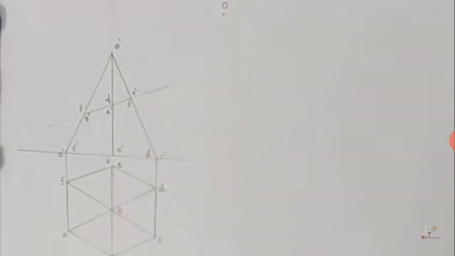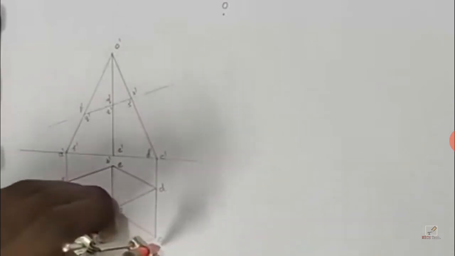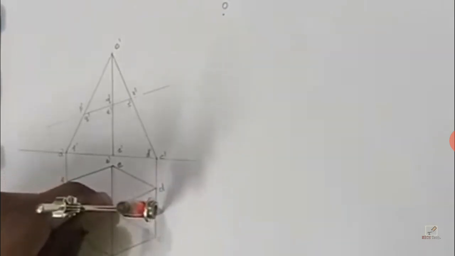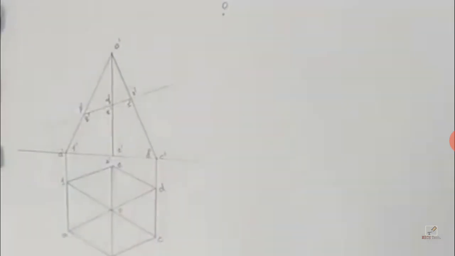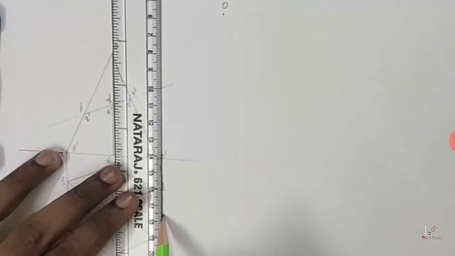Take an O point anywhere. Take a rounder. Take the true length in the rounder. So it consists of a hexagon, 6 sides. So projecting, take O to C points. So marking center points. So it is parallel to VP.